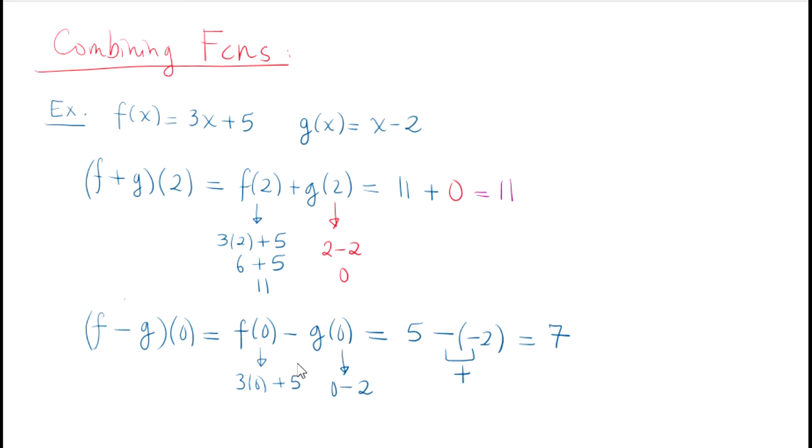Multiplication and division work in a similar manner, but I want to show you the actual function combination. Let's say you want to combine, now that's another example. Let's say you have f of x equals, let's take the same functions, 3x plus 5, and g of x equals x minus 2.